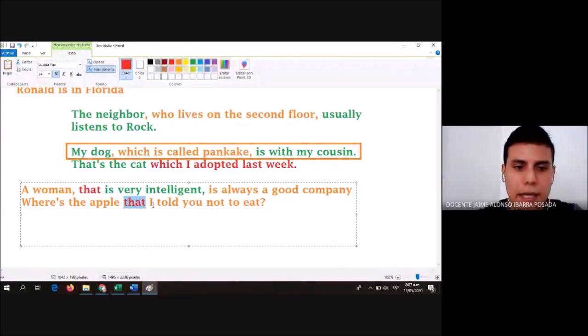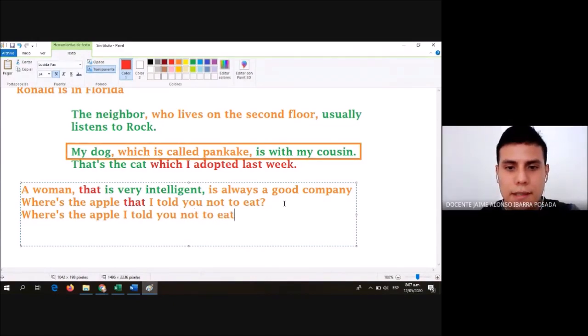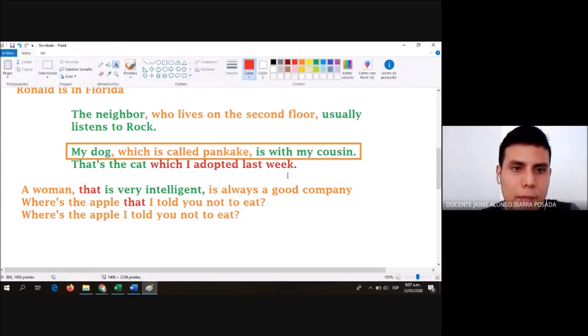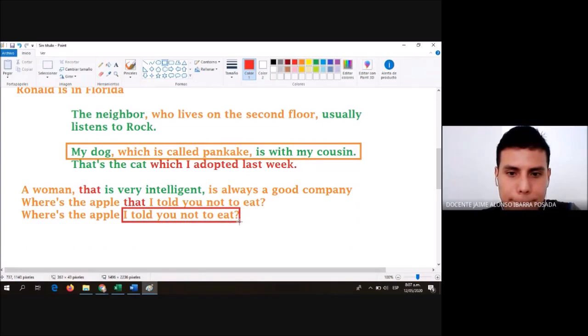What happens in here? Where's the apple I told you not to eat? And why is it? Because this part can pretty much be replaced with an object.